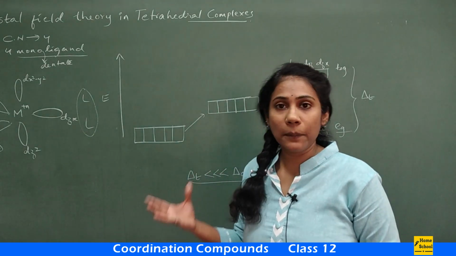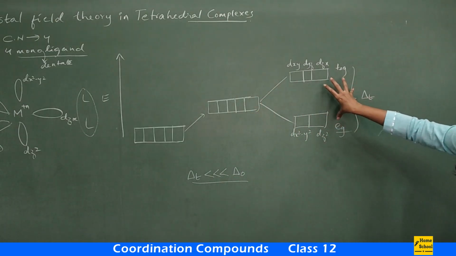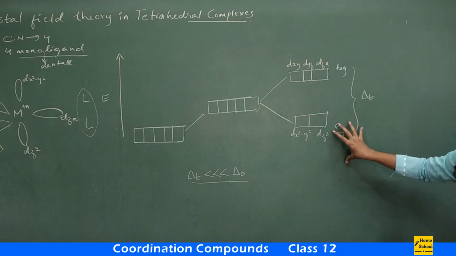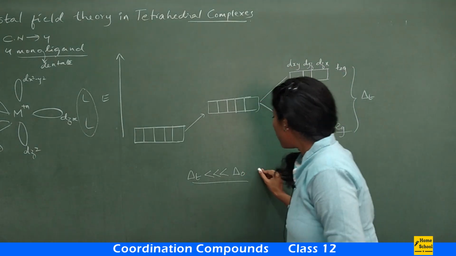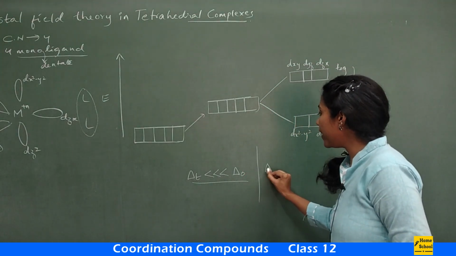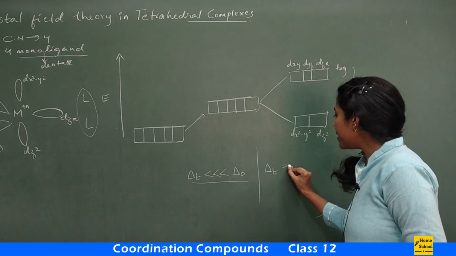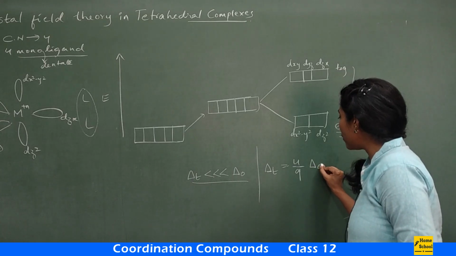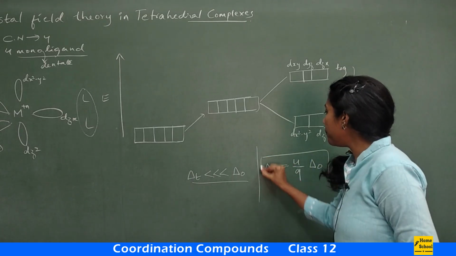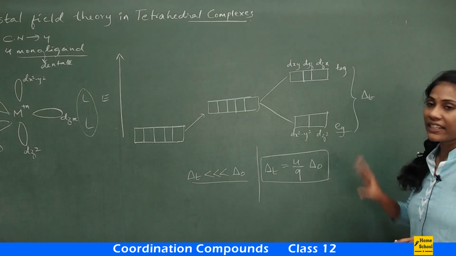No matter what type of ligand you have, the CFSE, the energy difference between T2G and EG, is always very small. You have this relationship between delta T and delta naught: delta T is equal to 4/9th of delta naught. This is one of the important relationships. So delta T is very small.